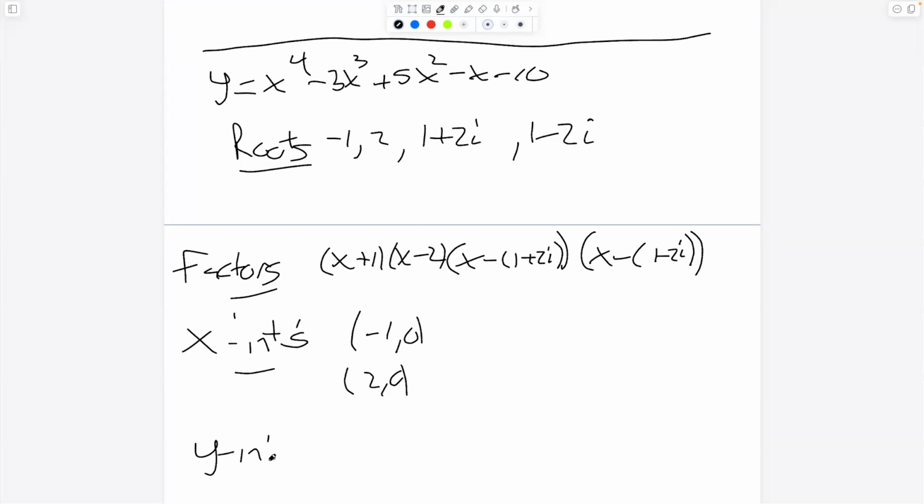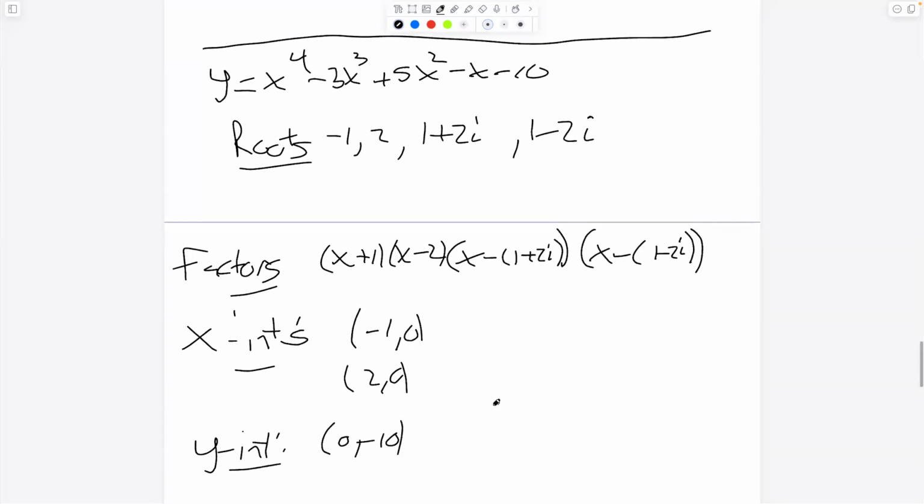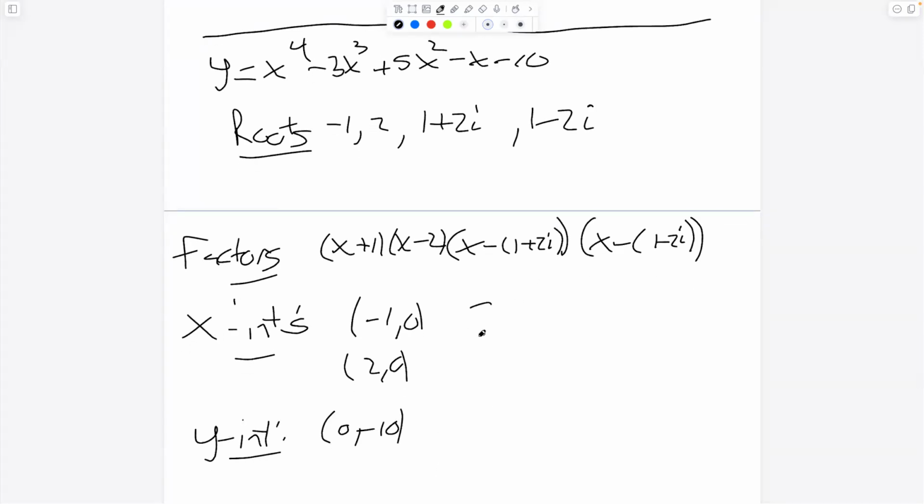My y-intercept, remember to find the y-intercept, you always just plug in x equals 0. Your y-intercept, if you're in standard form, expanded form, the y value is right there: (0, -10).